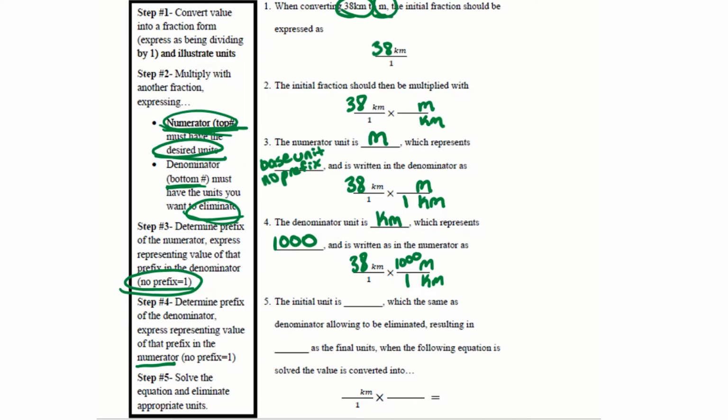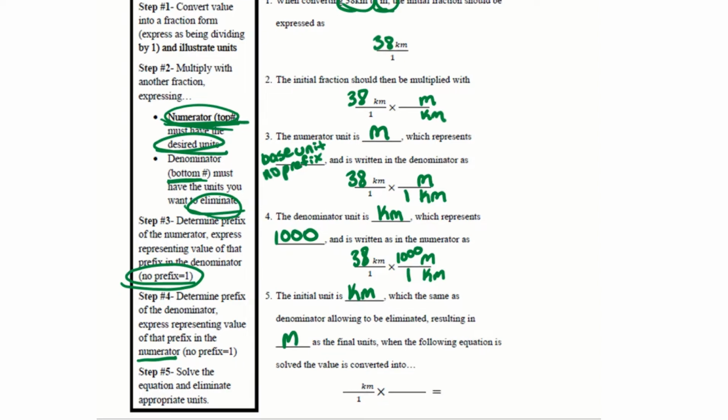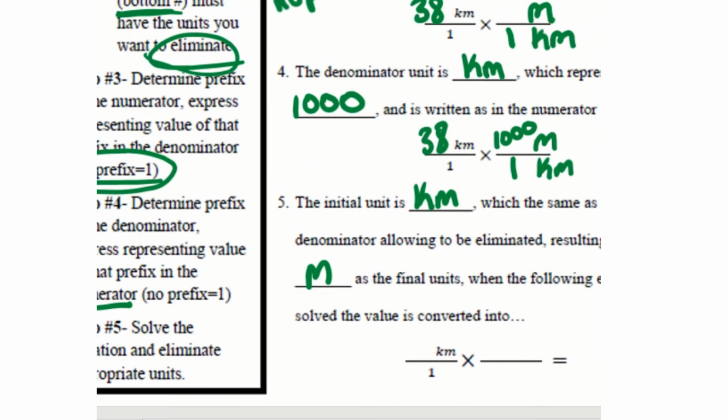Now, the initial unit is kilometers, which is the same as the denominator, allowing it to be eliminated, resulting in what units? Well, we're going to result in meters as my final units. When the following equation is solved, the value is converted into what? So once again, let's move all of our values over to that last step.